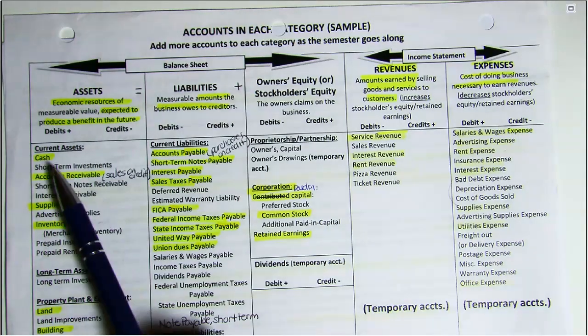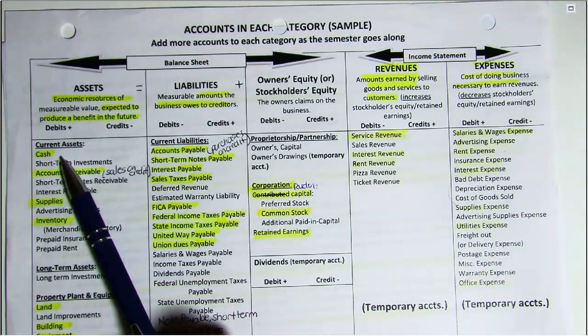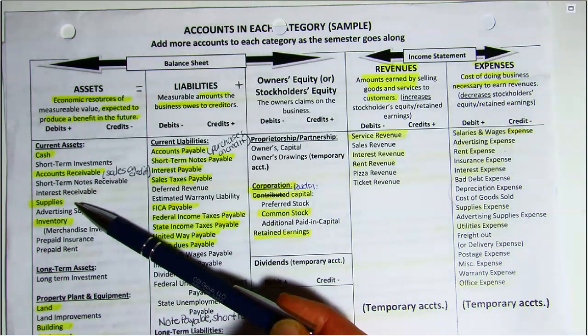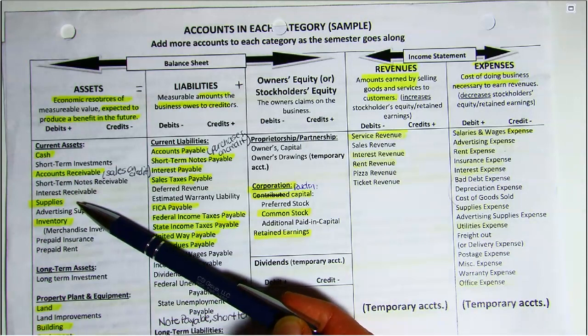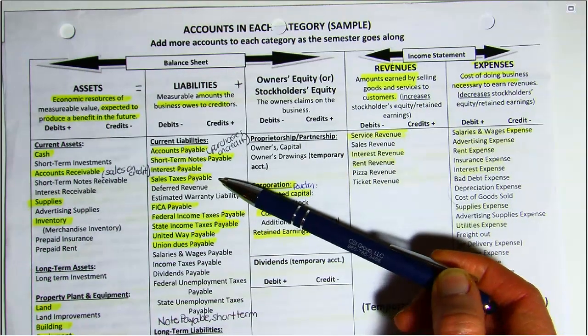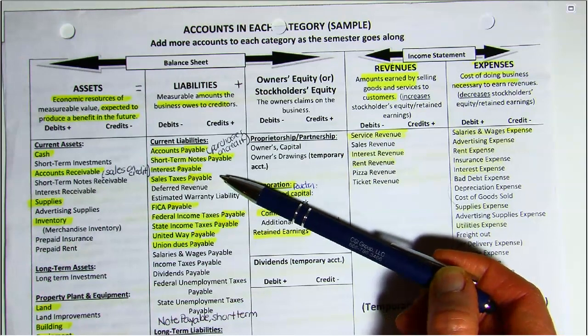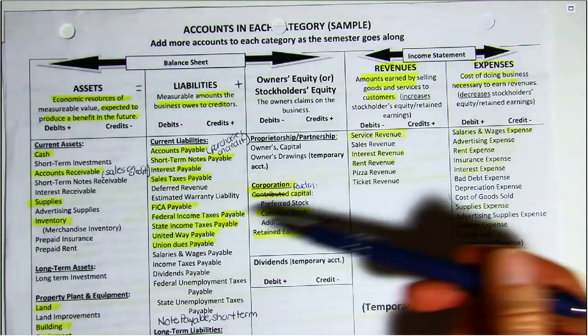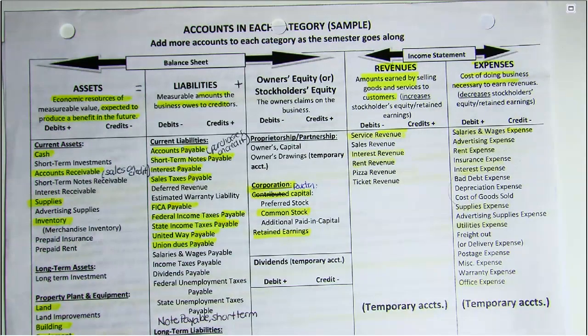So in the cash account, we will record increases and decreases to cash. In supplies, we'll record increases and decreases to supplies. In sales tax payable, we'll record increases and decreases to sales tax payable. There's simply a place to record information about each of these different types of items.